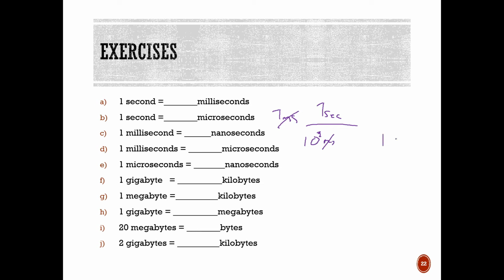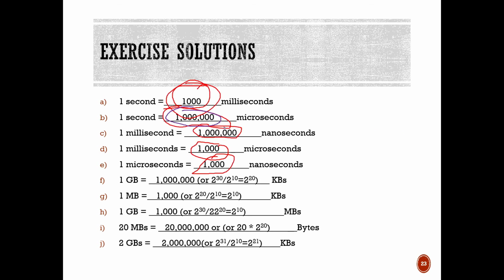We're in 1 second, and we want to get to nanoseconds. So it's going to be 10 to the 9 nanoseconds. If you see, milliseconds cancel out, seconds cancel out, we're left with nanoseconds. So it's 10 to the 9th divided by 10 to the 3rd, which is 10 to the 6th nanoseconds. Here we are left with 1 million nanoseconds.